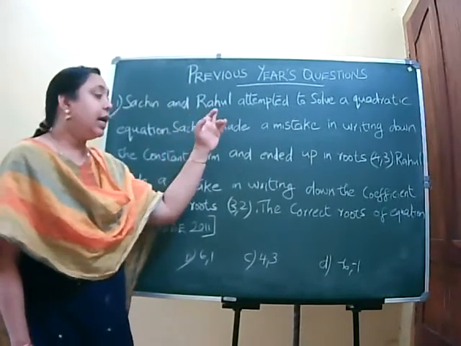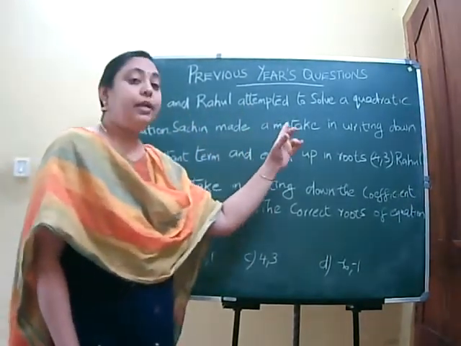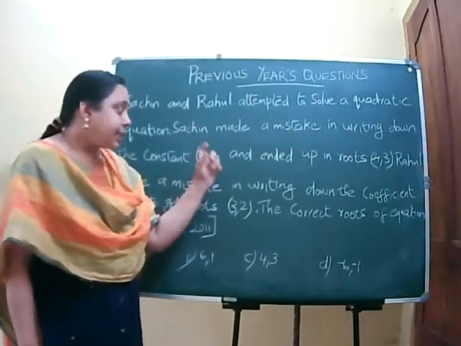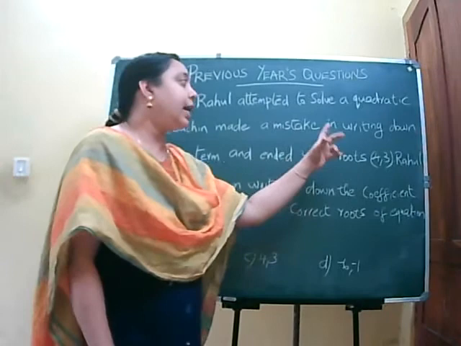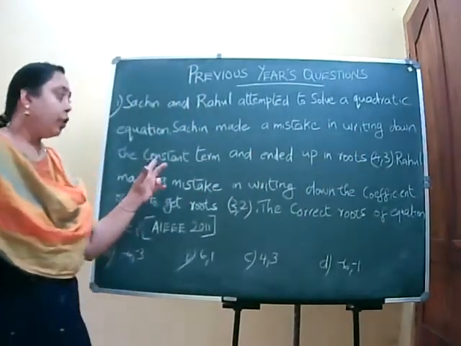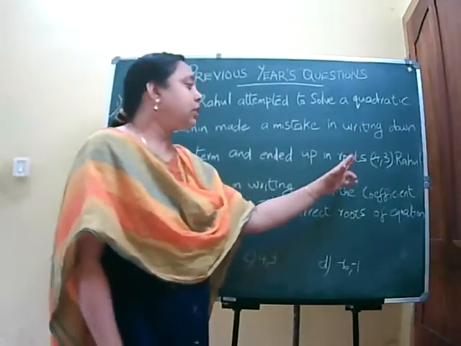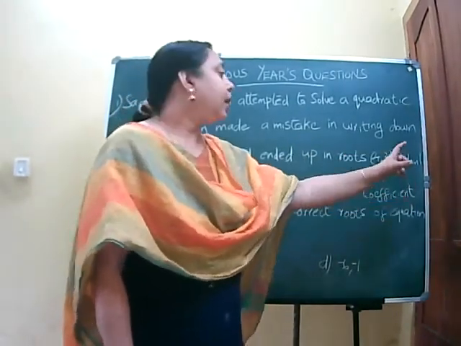Sachin and Rahul attempted to solve a quadratic equation. Sachin made a mistake in writing down the constant term and ended up with roots 4, 3.